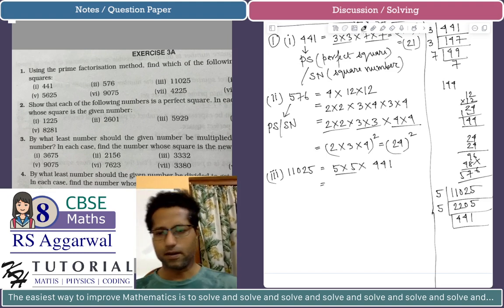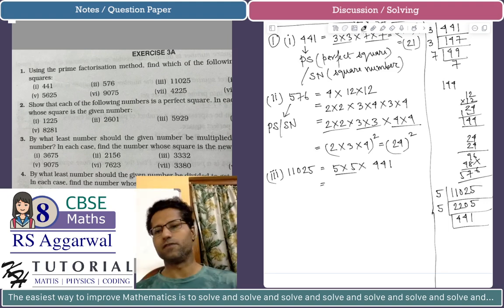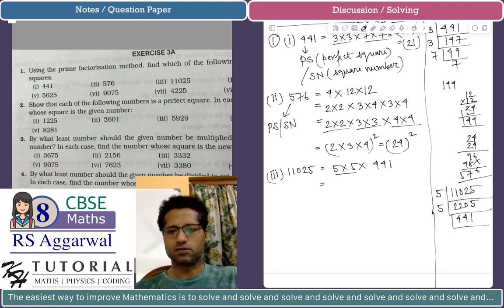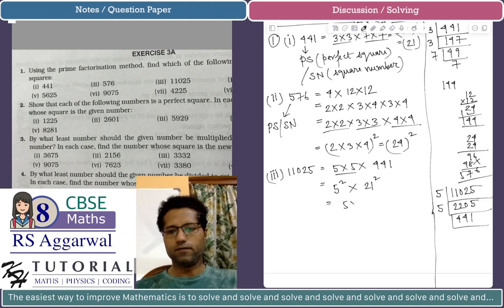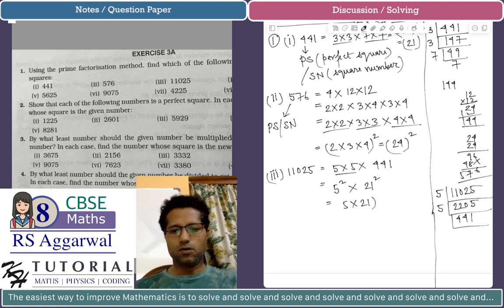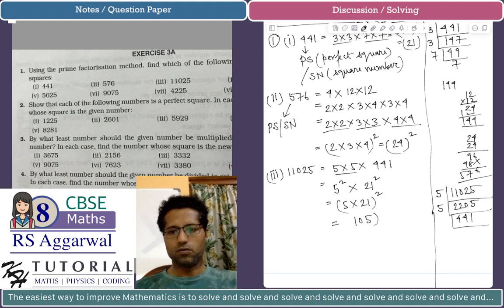Now this is a pair, and we have already seen 441 is a perfect square. Now this is 5 square multiplied by 441, which was equal to 21 square. So this will be equal to 5 into 21 whole square, or 105 whole square.